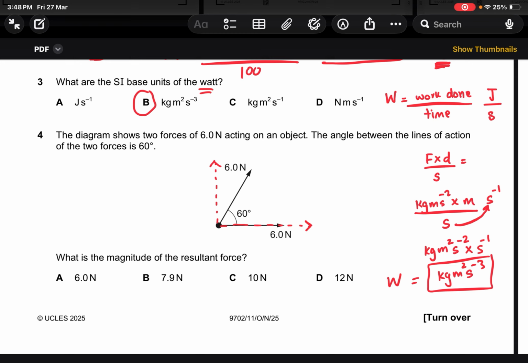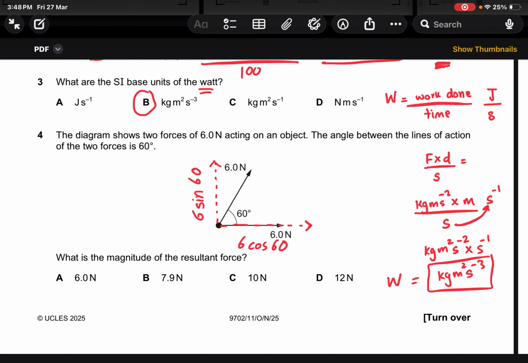To calculate the magnitude of the resultant force, first you need to realize the vertical component of this force is 6 sin 60 and the horizontal component is 6 cos 60. You resolve the two forces.